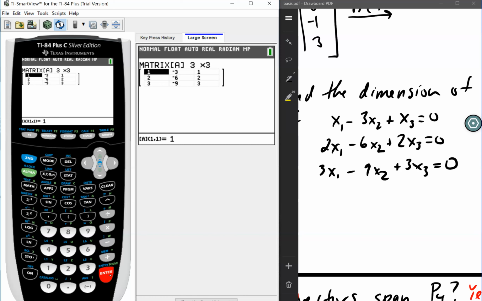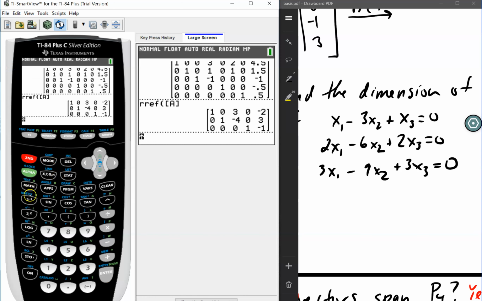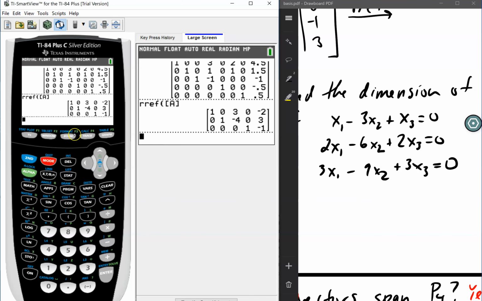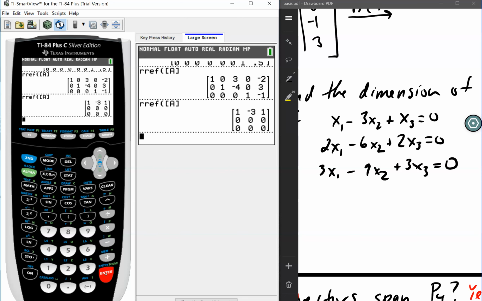Now, if you're clever, you'll notice that these last two equations are actually just scalar multiples of the first, but just to go through the process anyway, let's quit out of here. And what I should have done instead of that was just do second entry since it was already typed in there. All right, so there's the reduced row echelon form.